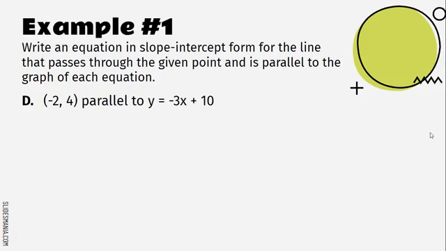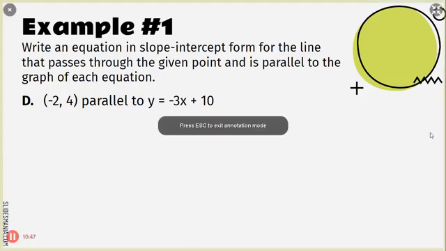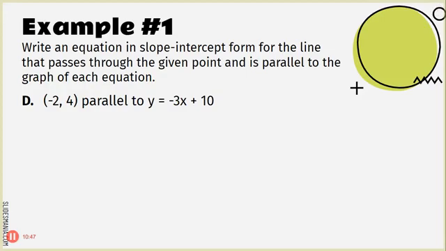Example C, we are writing an equation for the line that is parallel to y equals -3x plus 10, but it also goes through the ordered pair -2, 4. So again, we're going to use our ordered pair -2, 4. And we do need a slope that makes this parallel to the current line.